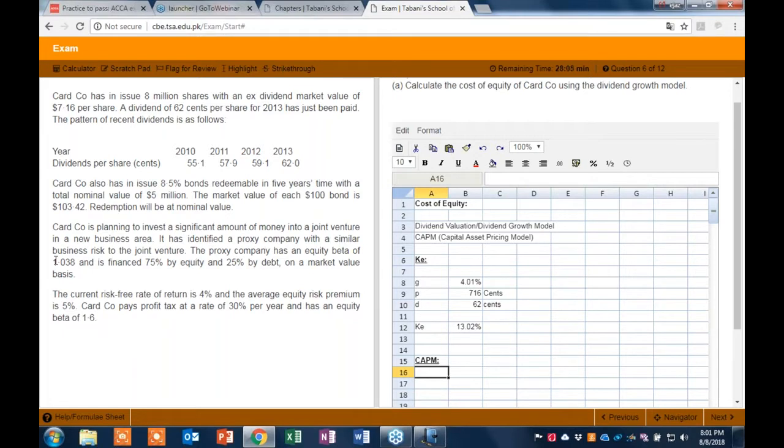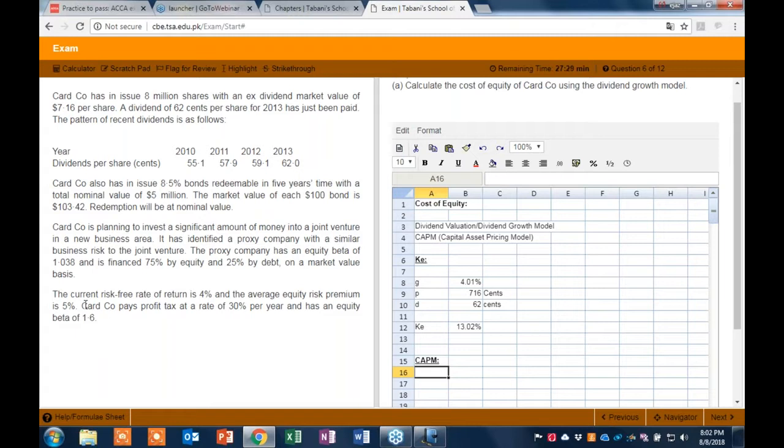Do we have any equity beta equal to 1.6? Yep, we have 1.6. Here we go. So if you have used equity beta equal to 1.038, or you have used 1.6, in either ways, these should not have been used.